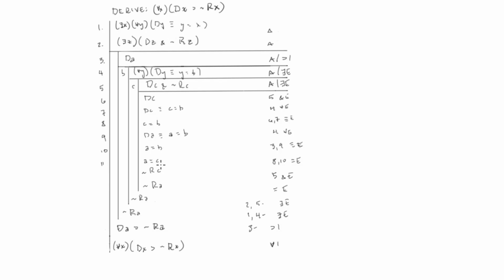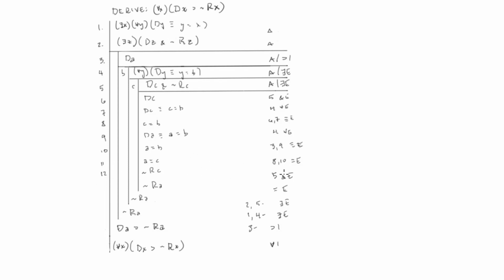That's how we get line 11. We're justified in doing that because C = B. That's what line 8 says. So line 11 comes from 8 and 10, where 8 is the identity that justifies the substitution, and 10 is the context for substitution. Then on line 12, we now know it is line 12.